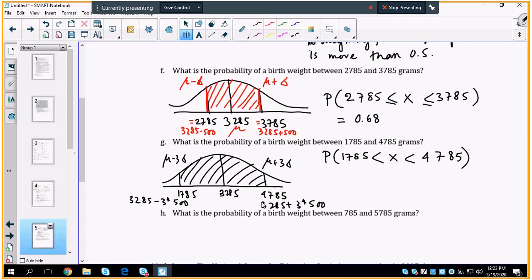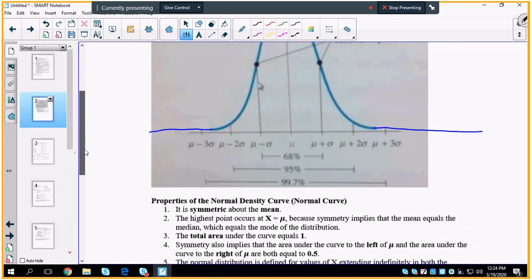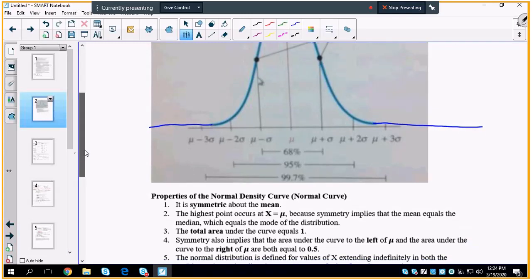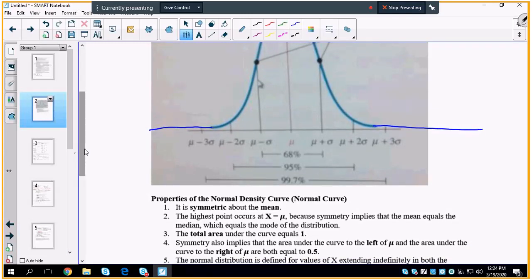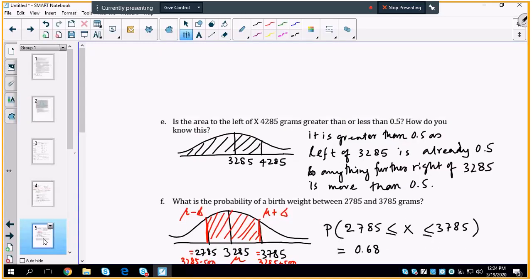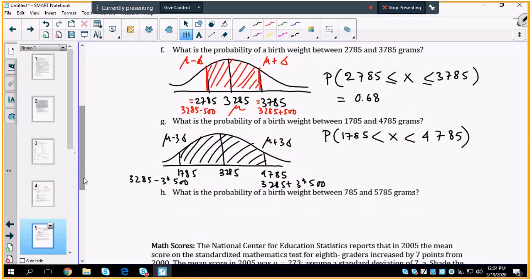So that is the area between mu minus 3 sigma and mu plus 3 sigma. Go back to the empirical rule, and that area is almost all of it, 99.7%. Change it to probability and you will get 0.997. So that answers your question.